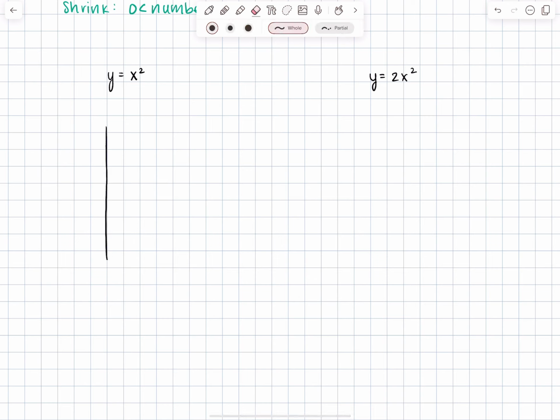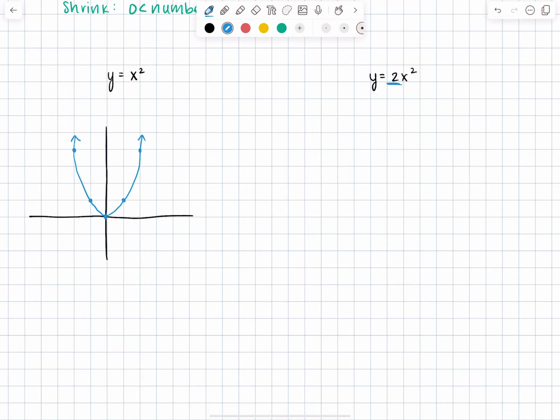So let's move this a little down. So we have 0, 1, 1, and then 4. Perfect. So with this function over here, we have a dilation.